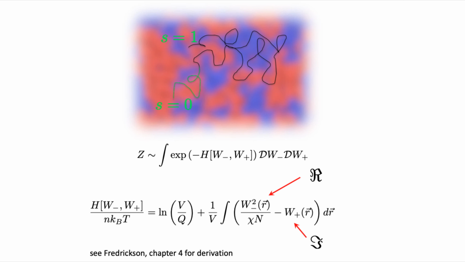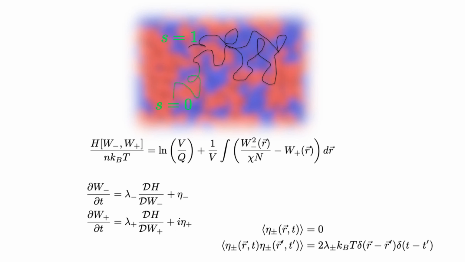This renders the Hamiltonian complex, which creates all kinds of issues. If you try to plug this into standard Monte Carlo, you end up with complex probabilities, which don't exactly make any sense. You can get around this by approximating W+ using mean field theory in a way that I'll discuss shortly, and sampling W- using standard Metropolis Monte Carlo. It turns out that it works pretty well for many practical purposes. The procedure does not, however, scale very well with system size, and there are faster approaches.